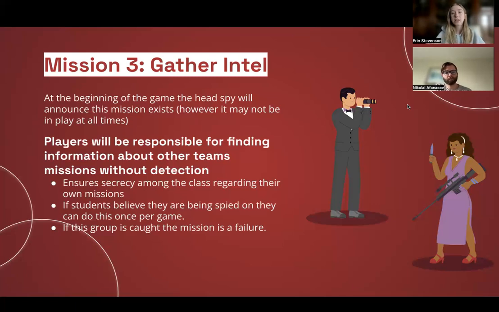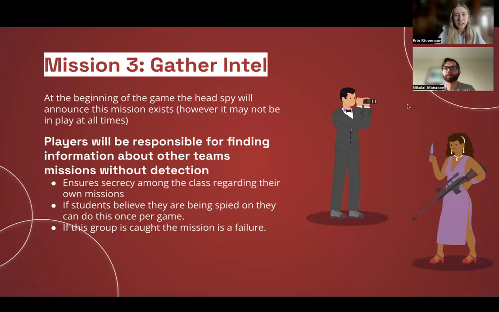So a group that was acting really poorly as a spy, literally just standing over someone else's shoulder, and they're like, "I think this person's spying on me." Basically, that is how it'll work. And if they're wrong, then too bad, you don't get any more guesses. If you think your team is spied on, you have no defense against it.